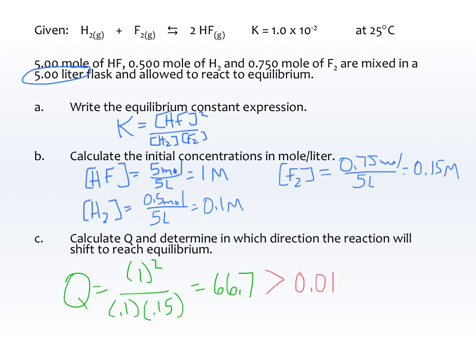So since Q is much greater than K, I'm going to have to lower Q, or lower the products, in order to get Q to equal K. So I'm going to have to shift left towards the reactants, in order to lower the products and make the ratio 66.7 over 1 closer to 0.01 over 1.